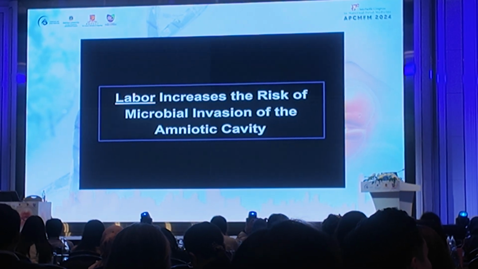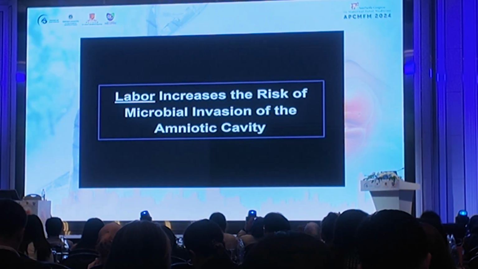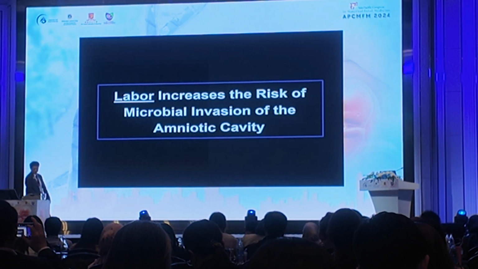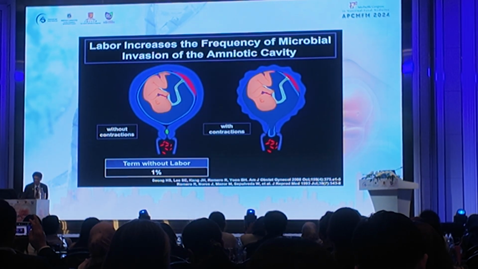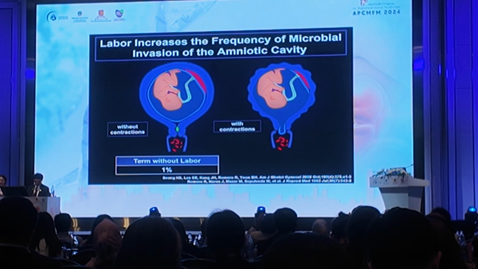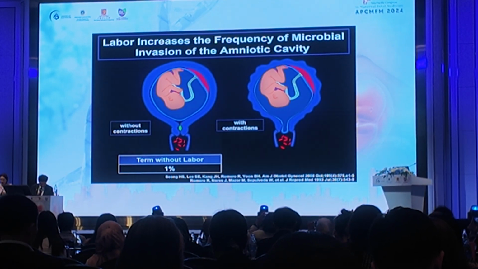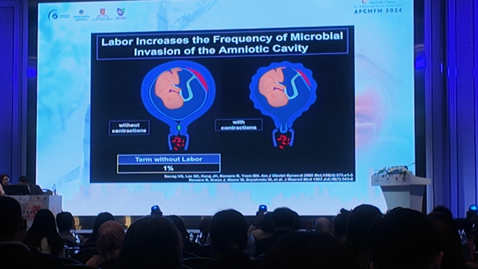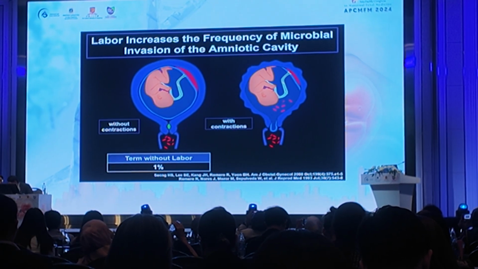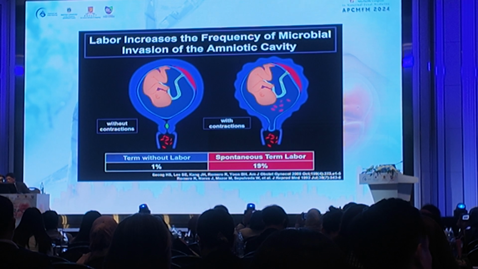It's also important to realize that the duration of labor, per se, increases the risk of microbial invasion of the amniotic cavity. At term, without labor, the frequency of microbial invasion is 1%. But when there are uterine contractions, there is a suction-like effect, and then microorganisms may gain access, even in the absence of maternal fever.